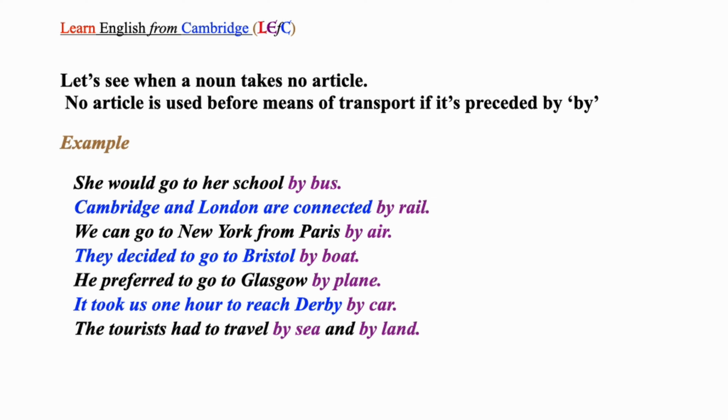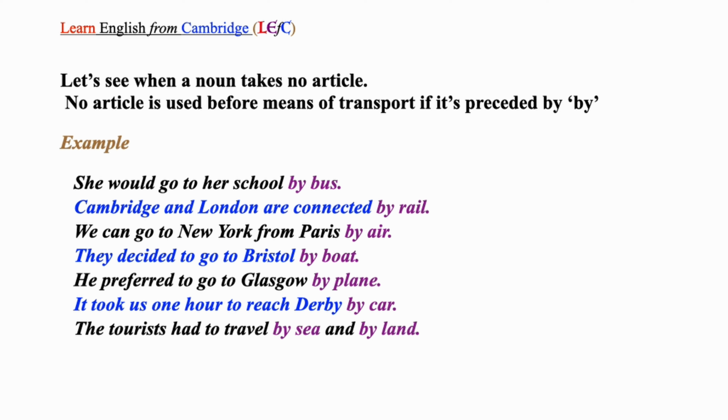No article is used before means of transport if it's preceded by the preposition by. For example, she would go to her school by bus. Cambridge and London are connected by rail. You can go to New York from Paris by air.